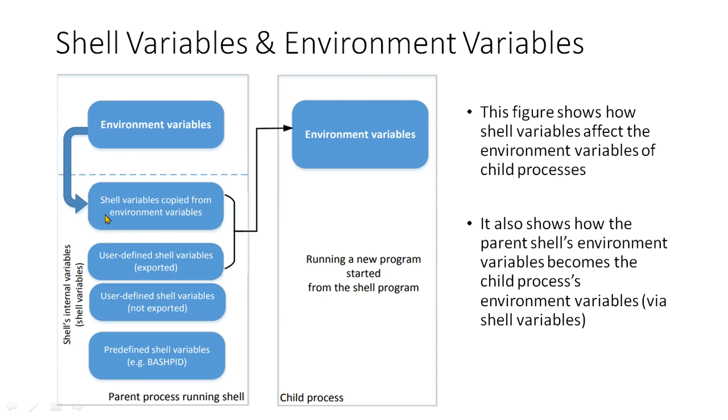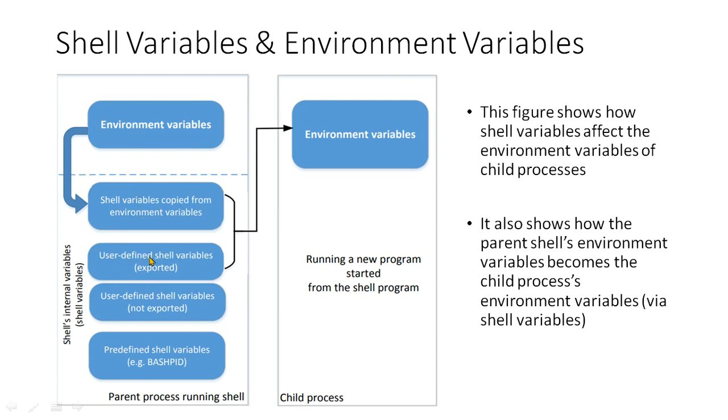Then they are called shell variables. So at the time when we run a program, these two sets are the same, but they are located in different locations of the memory. When we run a process, we can only have access to the shell variables, but at the beginning they are the same. So we can change the content of some shell variables here, but we can't change the environment variables.